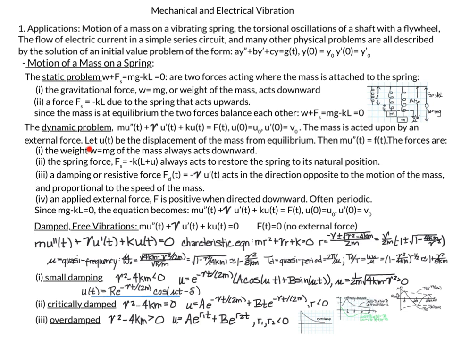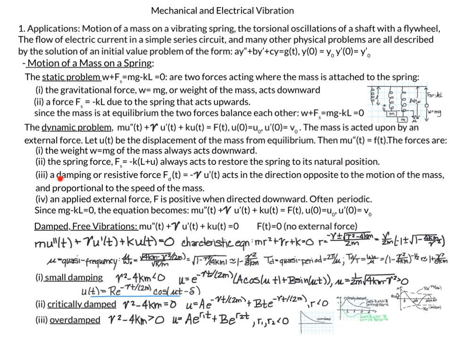We still have the weight of the mass, acting downwards. We still have the spring force, the minus k, but now the length of the spring is not just the L from the mass, but also u, wherever the spring happens to be at the time.